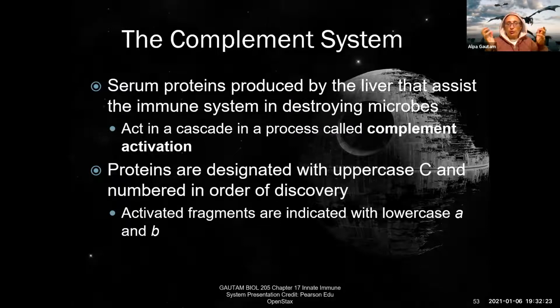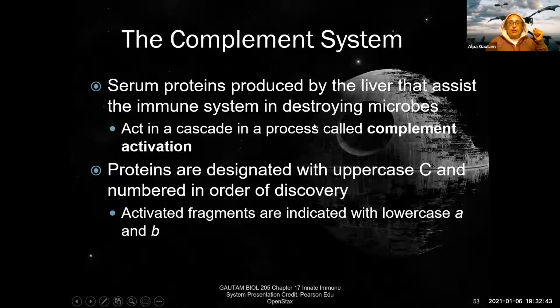They're called complement proteins because they work in tandem with each other. They complement each other. Okay? Now, these complement proteins are produced by the liver. So they're serum proteins produced by the liver that help the immune system in identifying and destroying microbes.